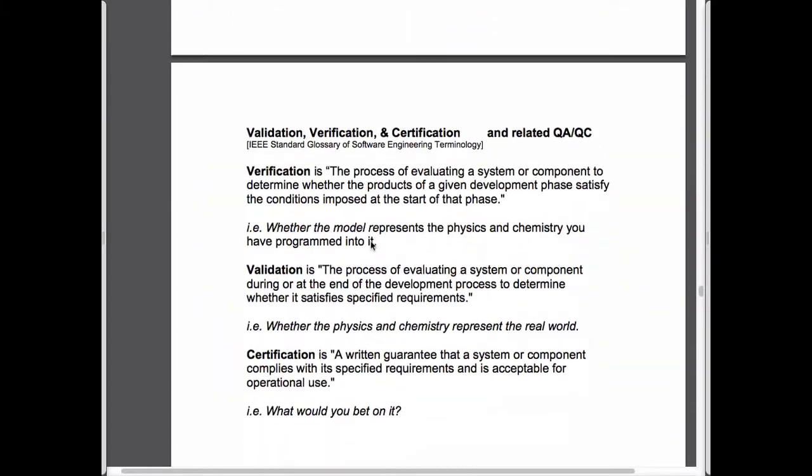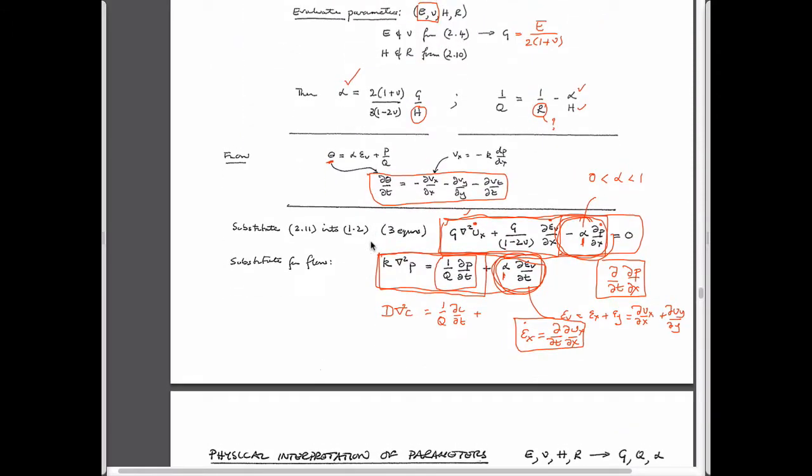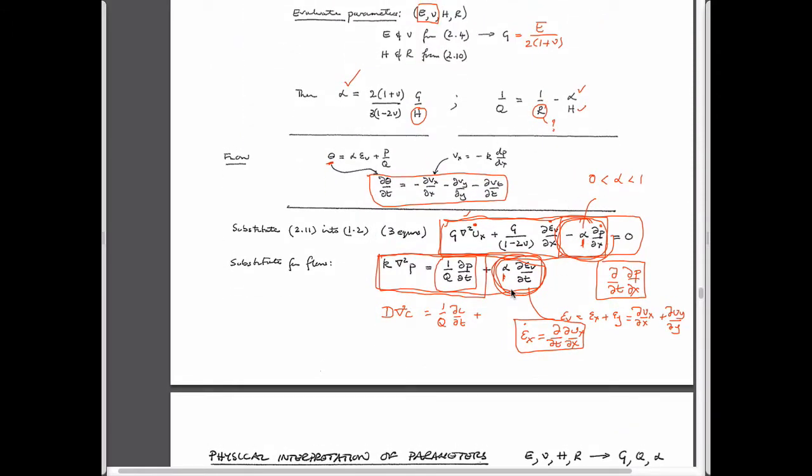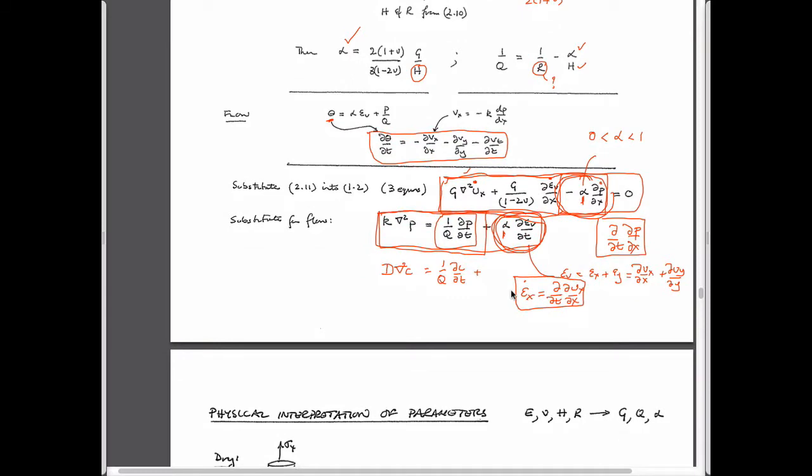But if we want to implement this in COMSOL, which is what we're going to attempt to do now, we need to be able to figure out just these two last terms.